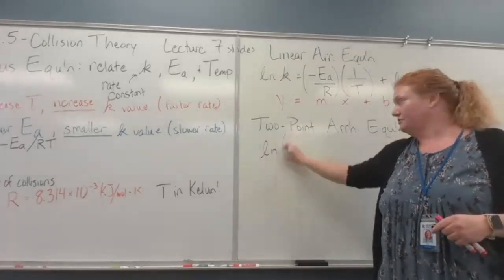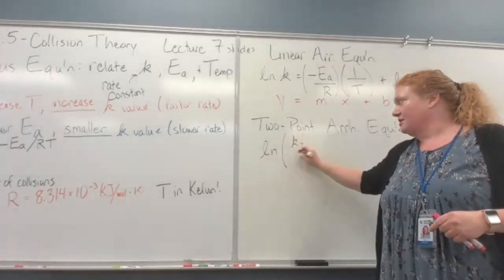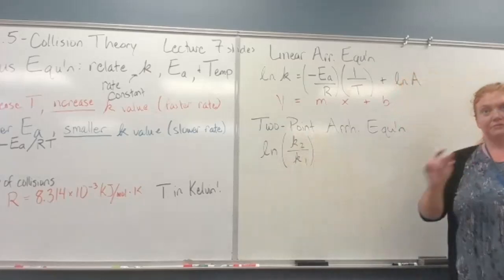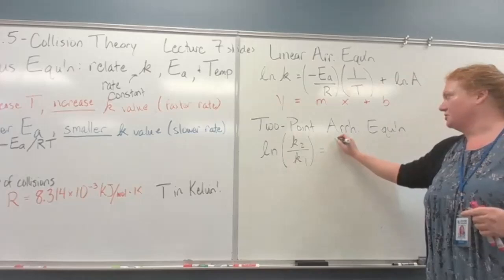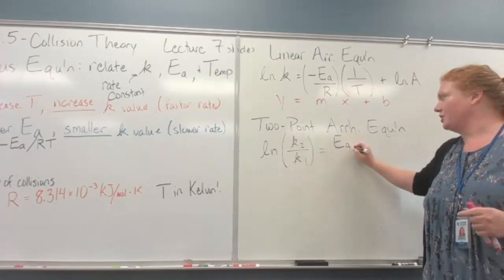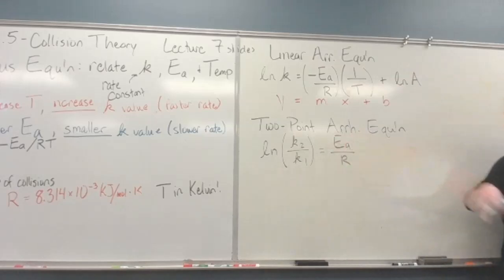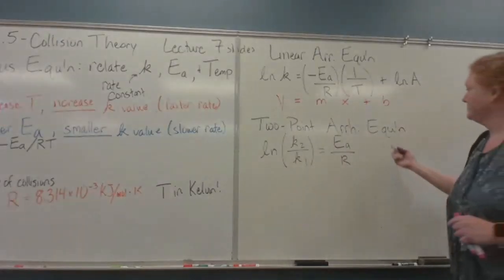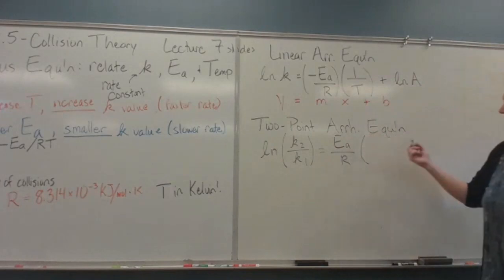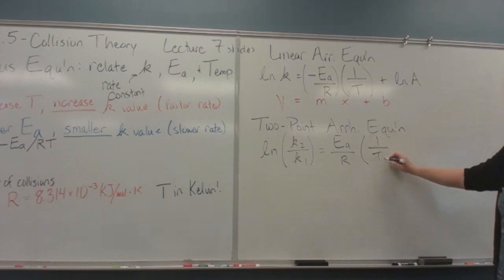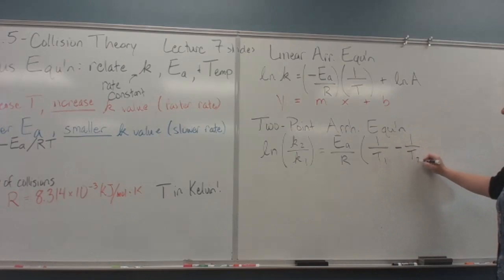Natural log of the second constant over the first, that's how I choose to order it, equals, when I order it this way, this value is positive, not negative. And I multiply that by 1 over T1 minus 1 over T2. Good deal.